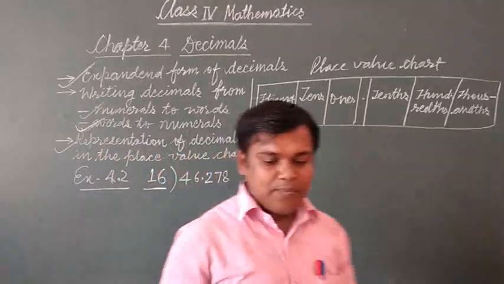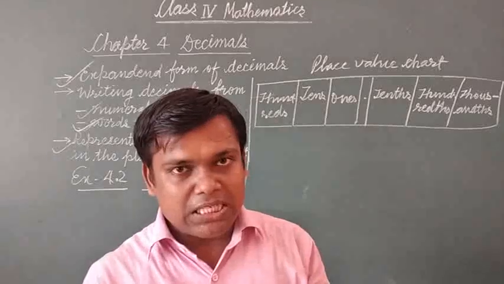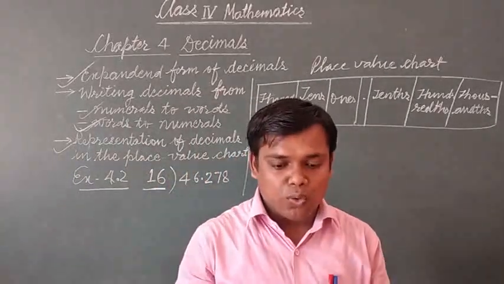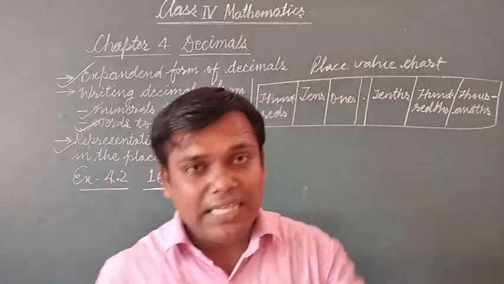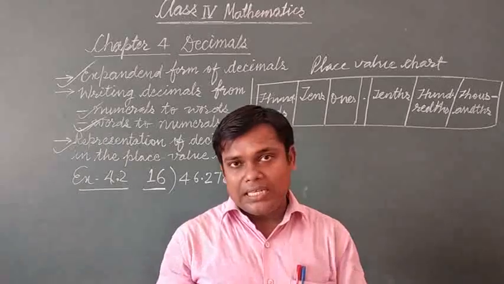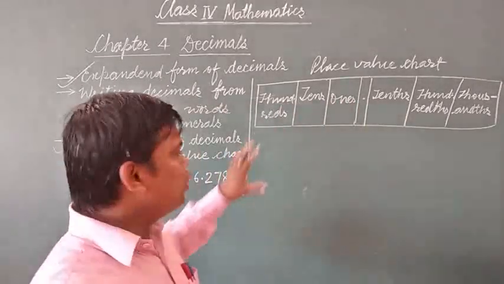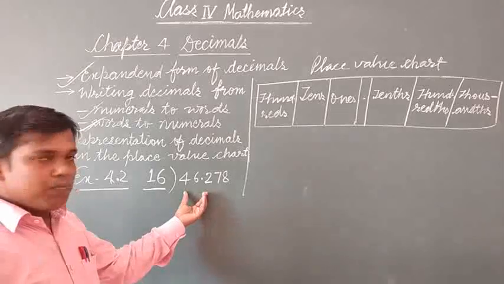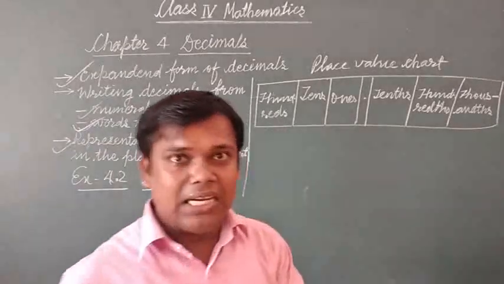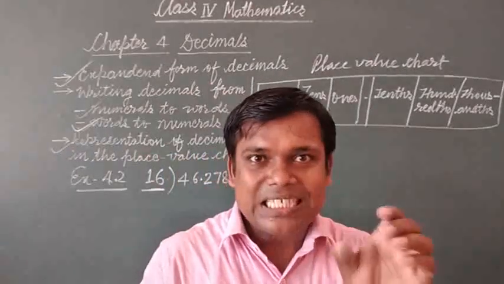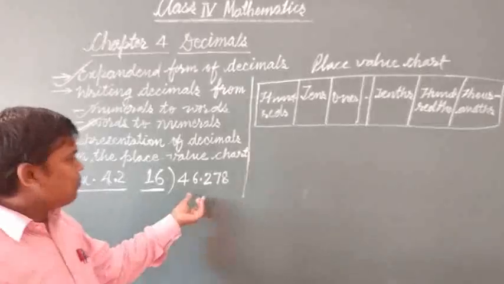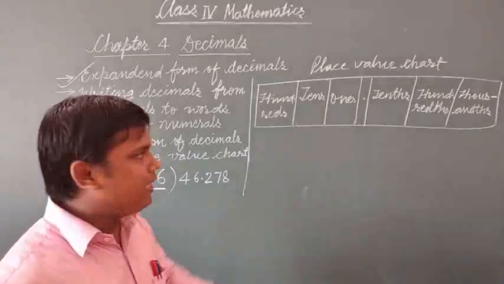As the instruction says, represent the following decimals in the place value chart, then write the place value of 7 in each. Means you have 6 questions given here and it asks you to first represent the given decimals in the place value chart and then write the place value of digit 7 in each case. So first I am taking question number 16, which is 46.278.